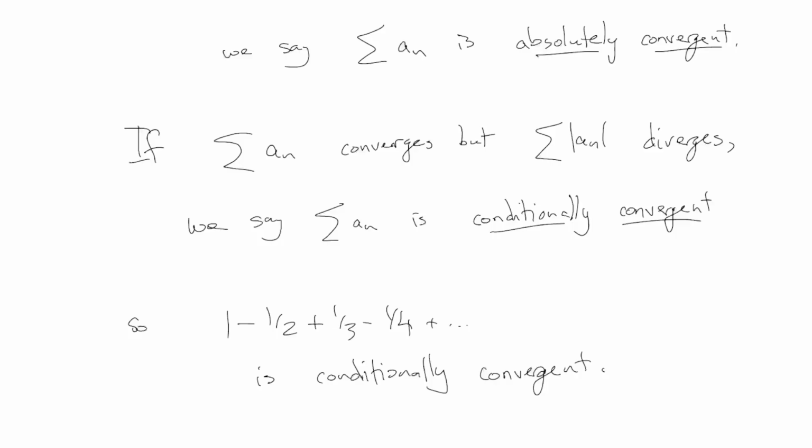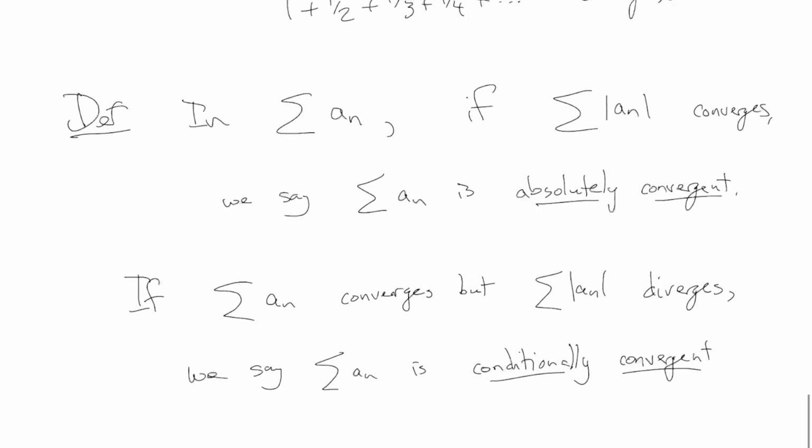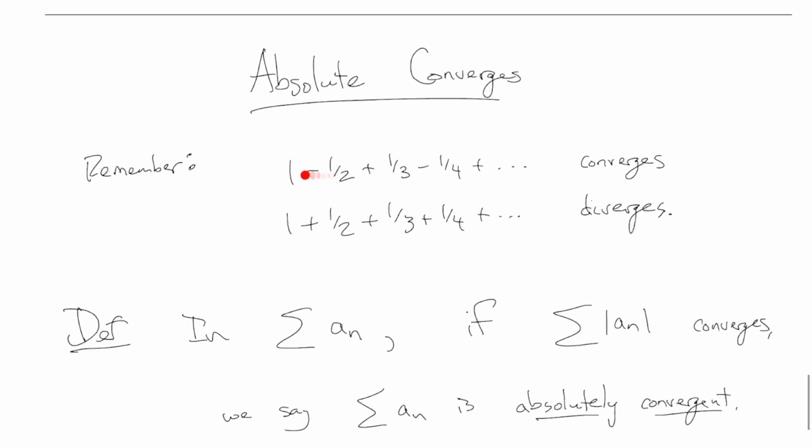That's what conditionally convergent means. So it is possible, like in this example, that with the minus signs it converges, but when you take the absolute values it diverges.